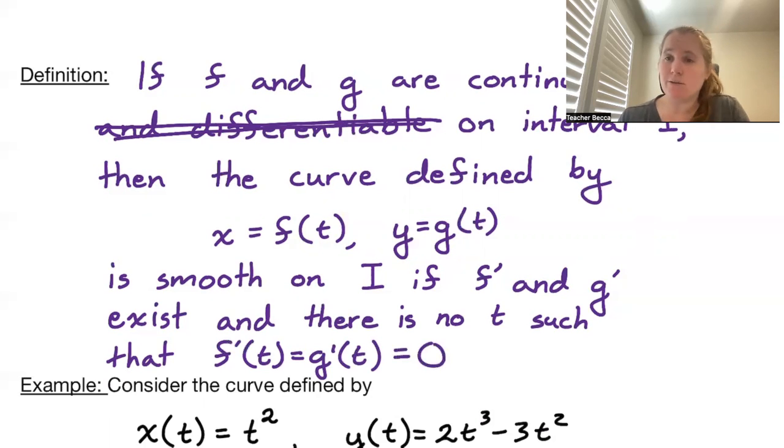So it's perfectly fine if one of those is 0 at any given point in time. We just don't want them to be both 0 at the same time.